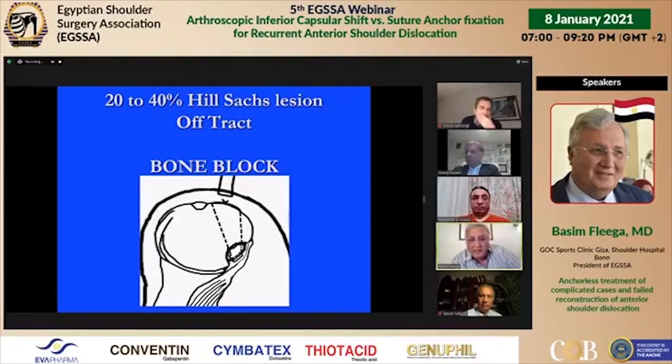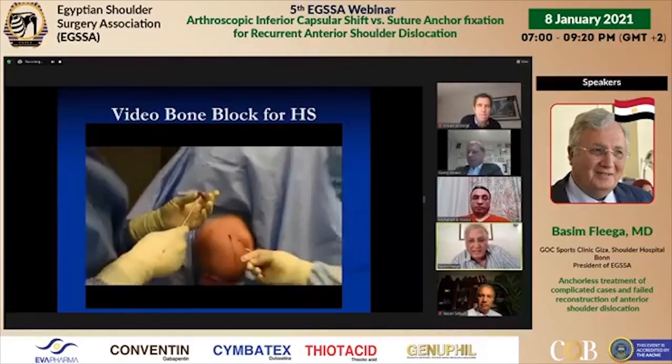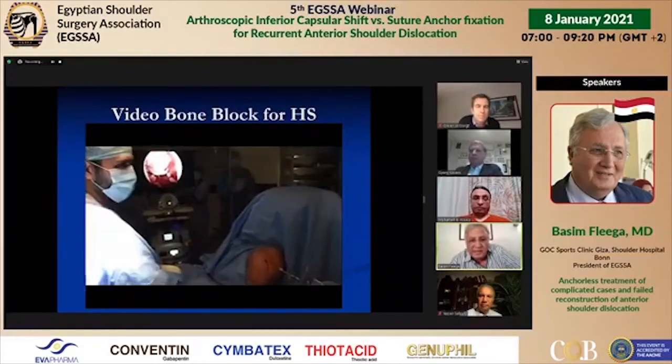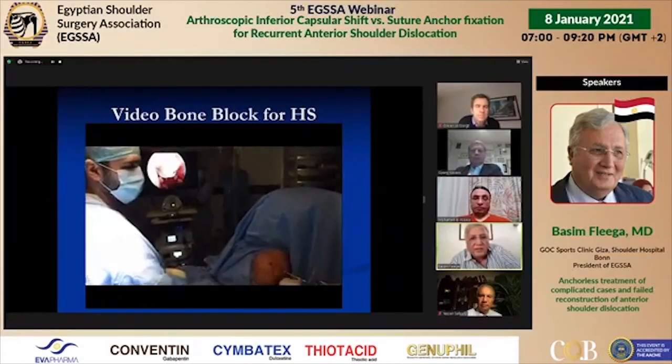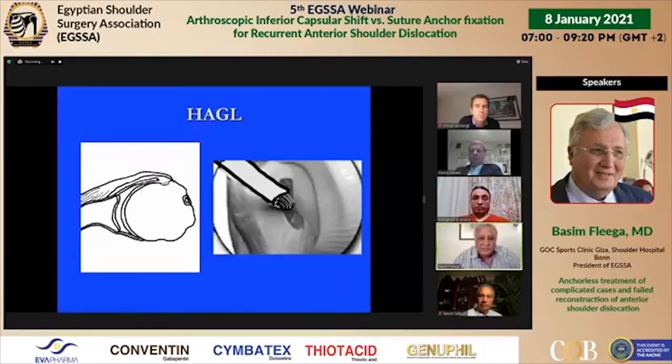Also, if the Hill-Sachs lesion is large, we put a bone block arthroscopically. The bone block will be cut according to the size of the Hill-Sachs, and it will be pulled with sutures inside. As we see here on the monitor, the bone block is in the Hill-Sachs defect. It will be tied then with sutures.